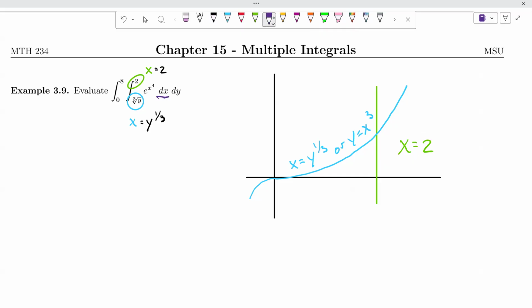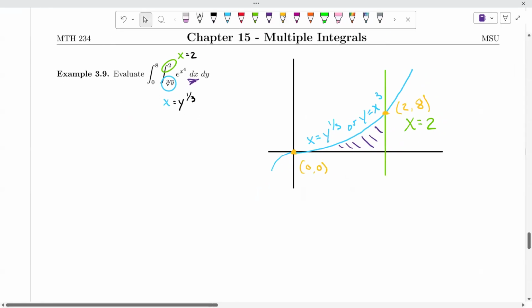And I was doing dx first. So my region should be right in here. If I'm looking right to left. And my y bounds just tell me I'm at 0, 0, and I'm at 2, 8. 0 to 8 for y.